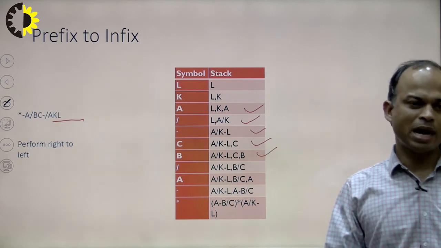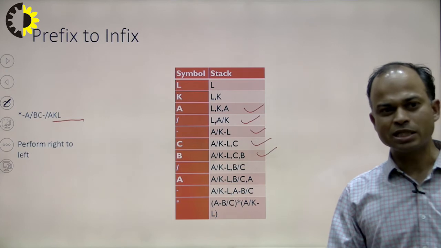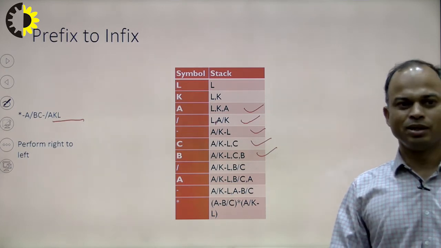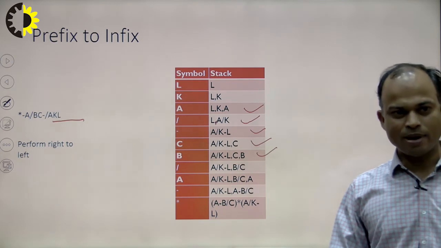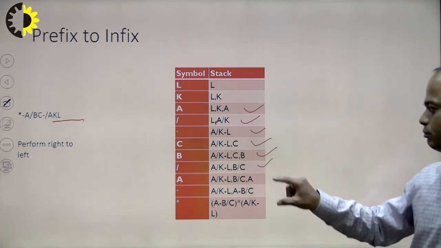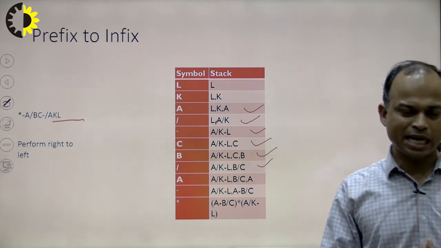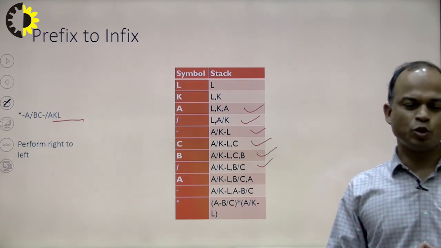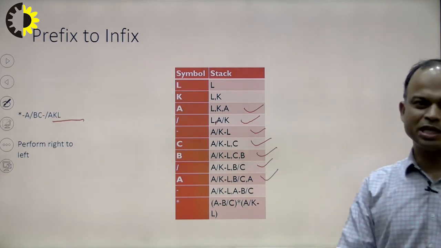Therefore this divide operator works on the last two values of the stack, and we have A divided by K minus L and B divided by C. And now the next character is A, so we push A onto the stack.